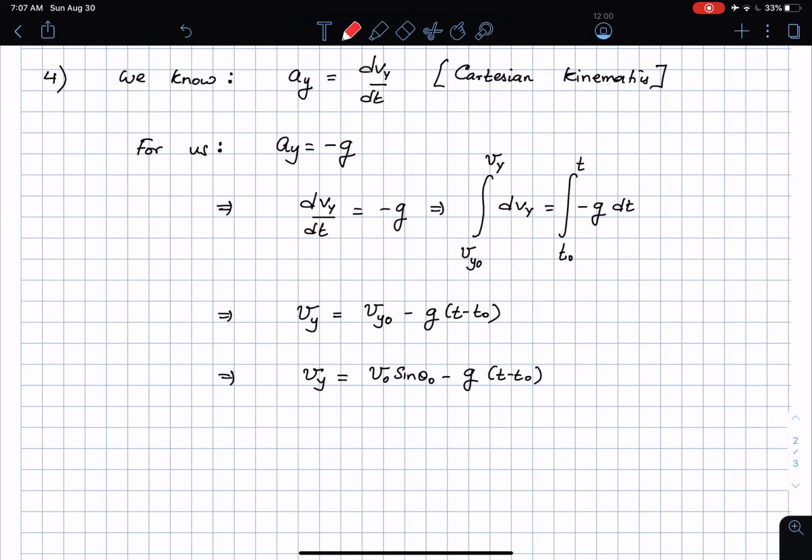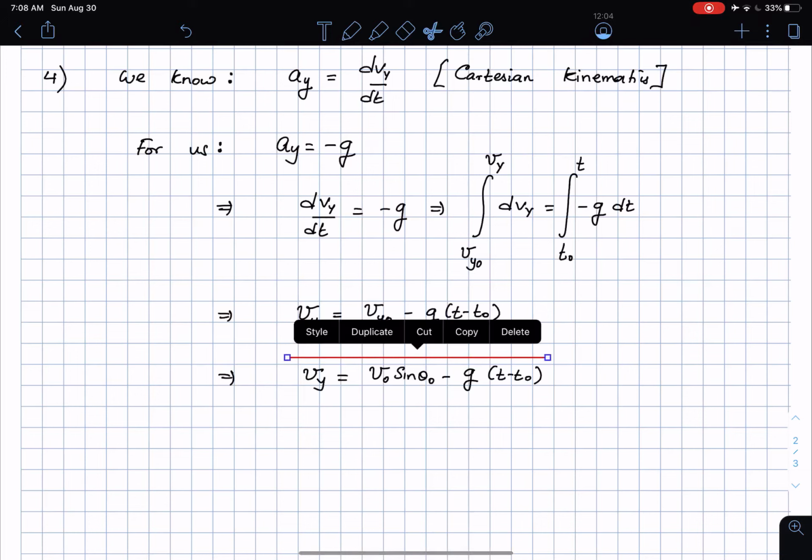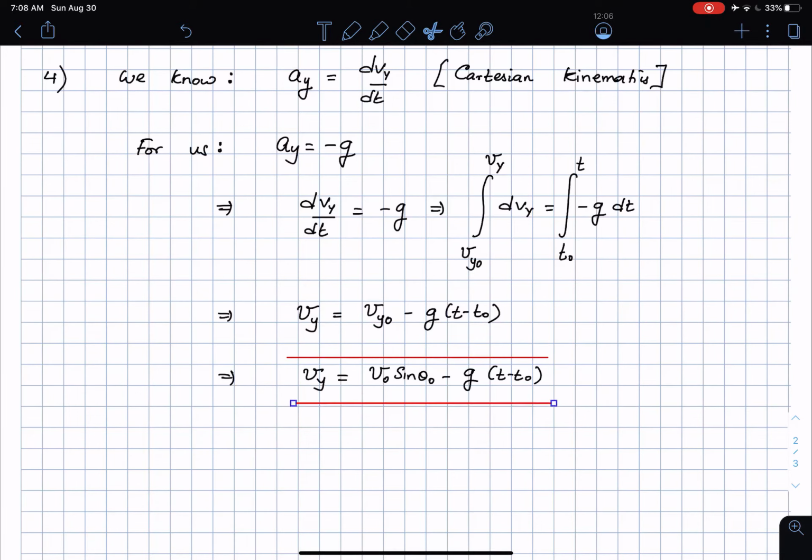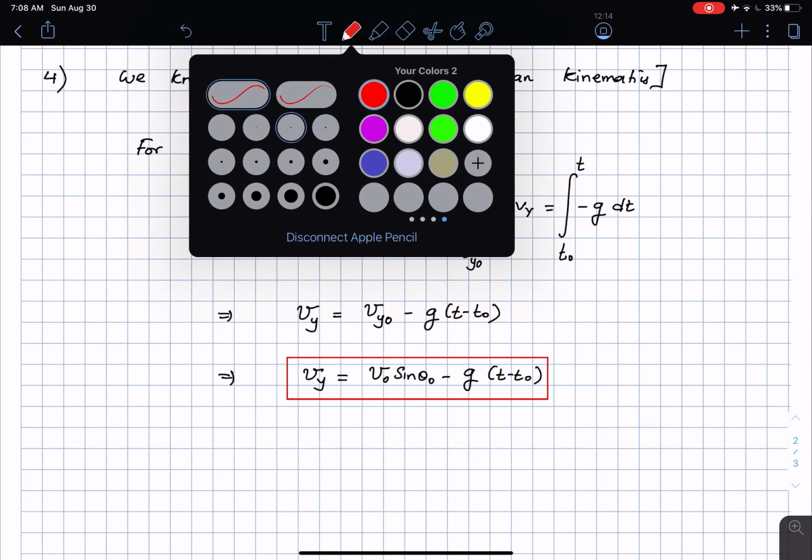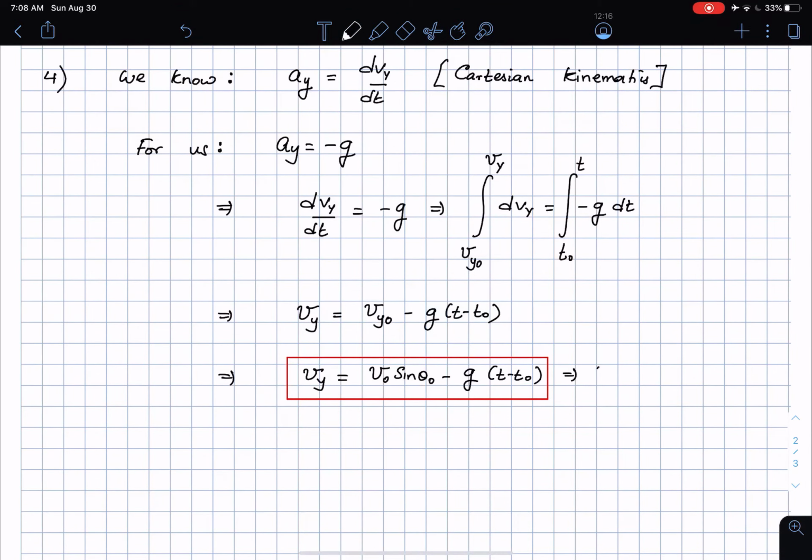This is what I ended up with in the y direction, and you obviously see that the y component of the velocity is not necessarily the same at all points. It's going to be changing with time. That's also something you want to note: the y component of velocity will change with time.